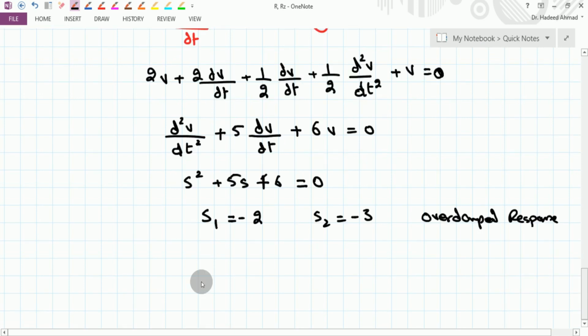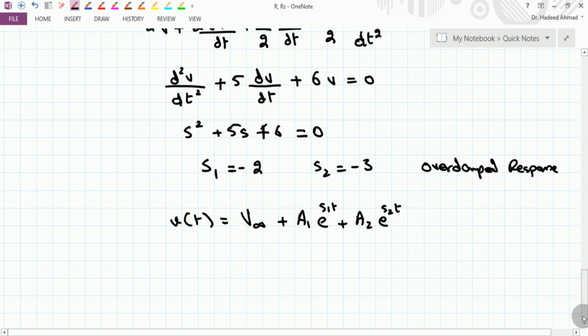So based on this, the solution here for Vt is equal to V infinity, or VSS, they are one and the same thing, plus A1 e to the power S1t plus A2 e to the power S2t. This is a general equation for the overdamped response.